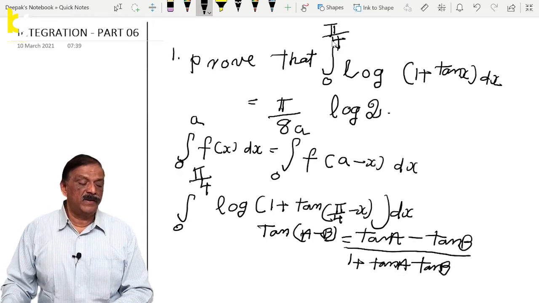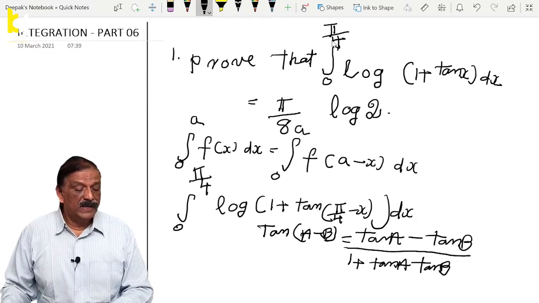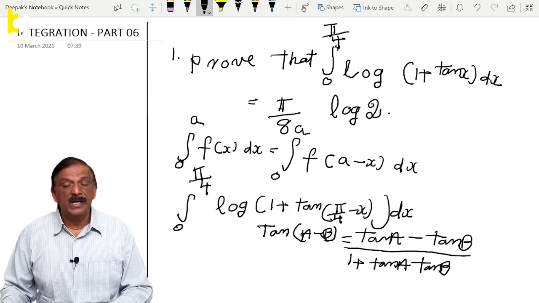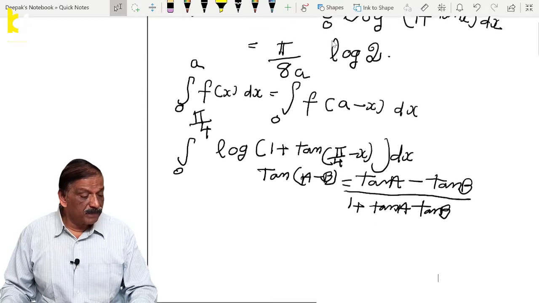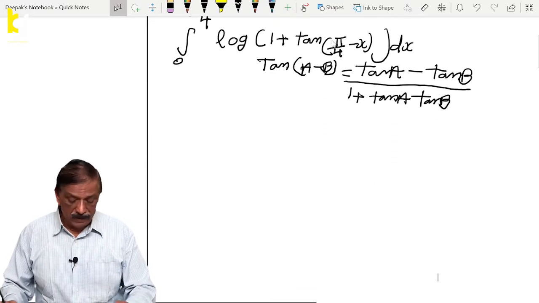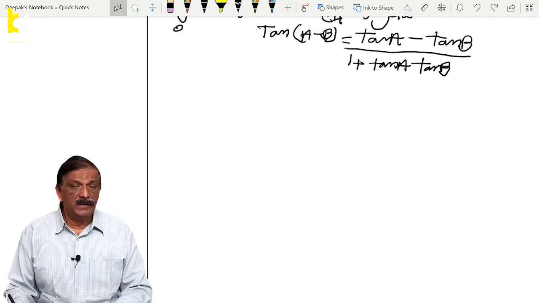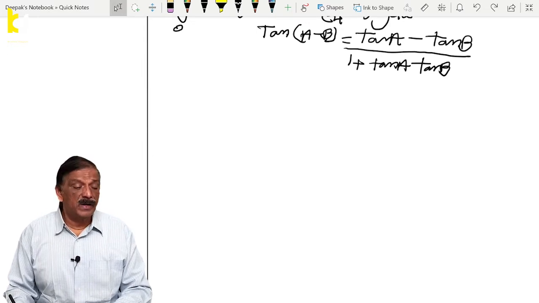We had already studied this. We can apply this formula in this equation. That is, we know tan a minus b equals tan a minus tan b divided by 1 plus tan a tan b.